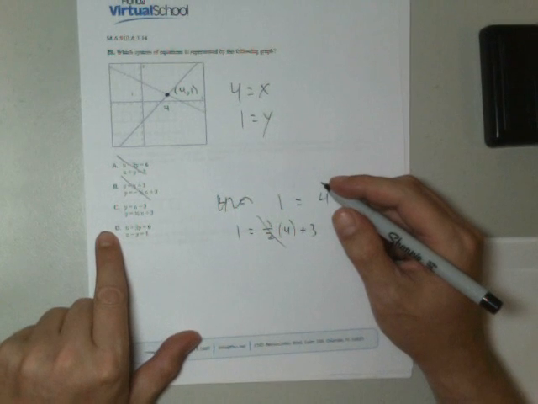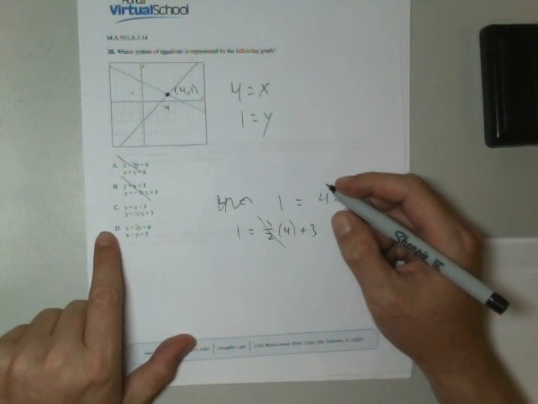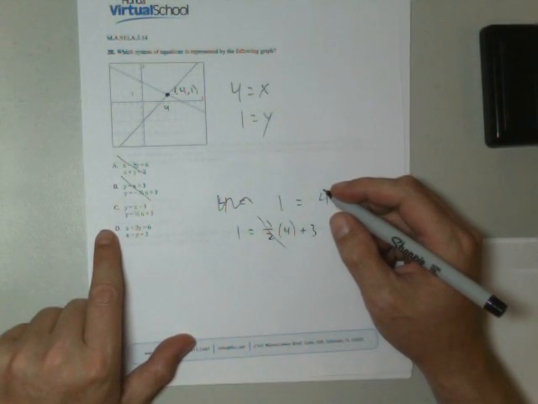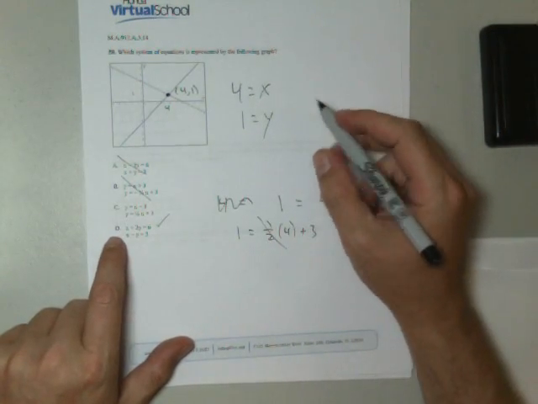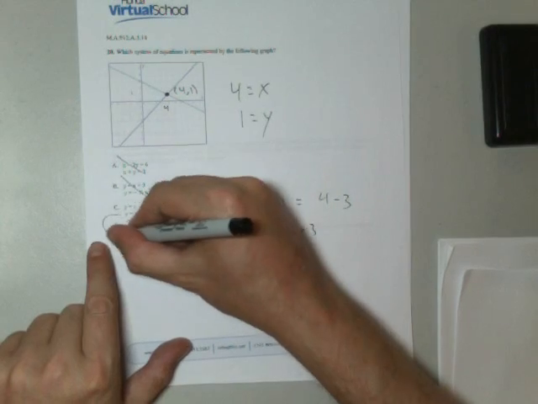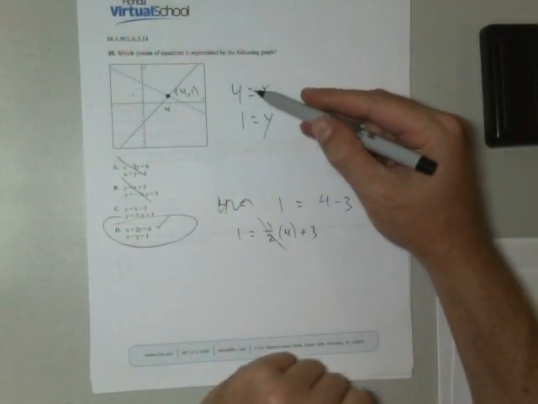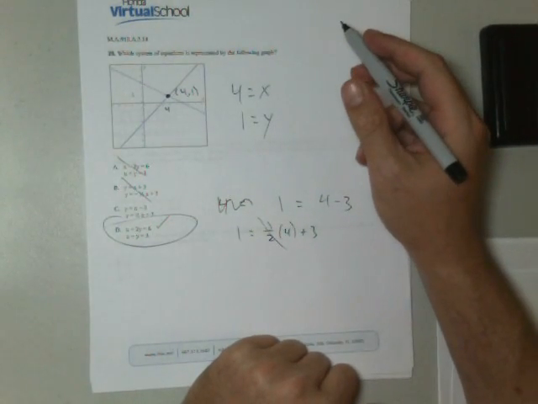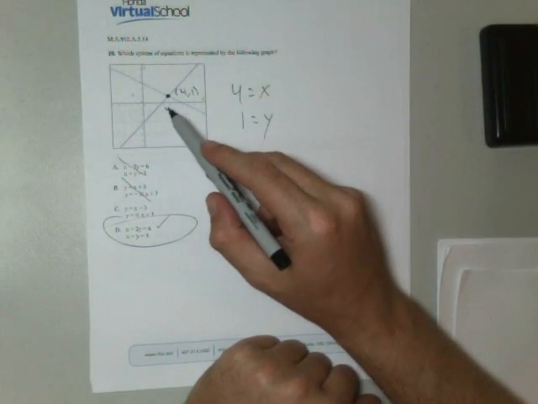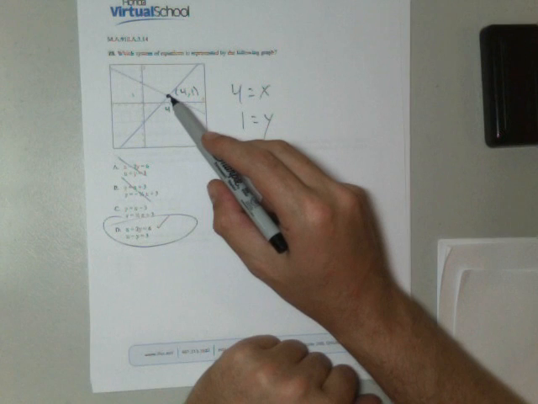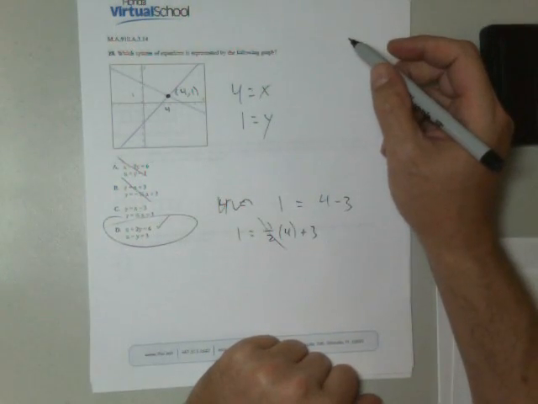So let's try the last one. 4 plus 2 times 1 is 4 plus 2 equals 6. And 4 minus 1 equals 3. Okay, so a little stumble there, but we put in 4 for x, we put in 1 for y, and that's how we find the system of equations, because we have the graph of the solution.